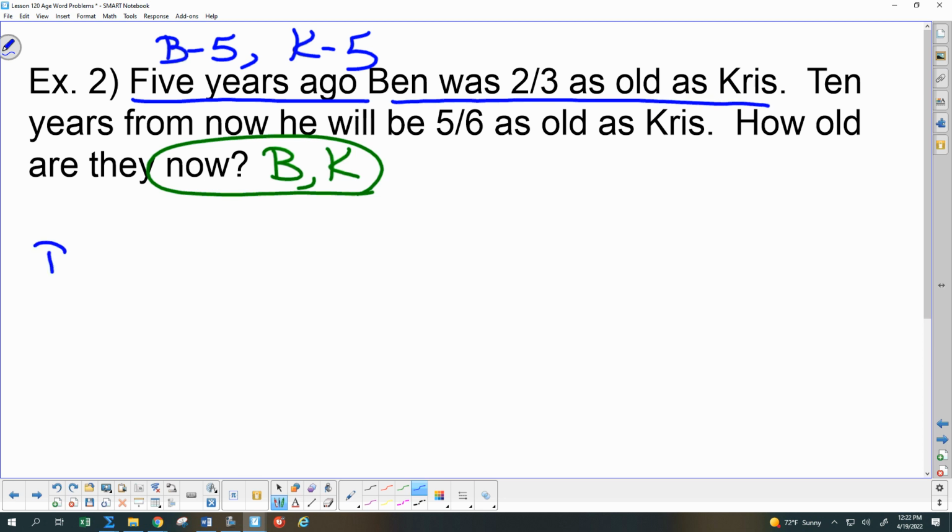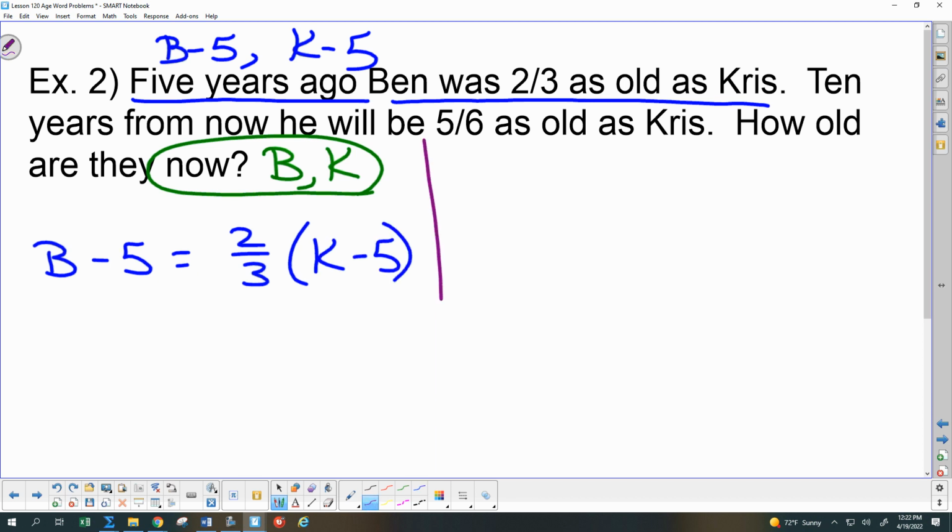So Ben, back in time, was B minus 5, was 2/3, and back in time, Chris was K minus 5. What do I need to do, Austin, for 10 years from now?